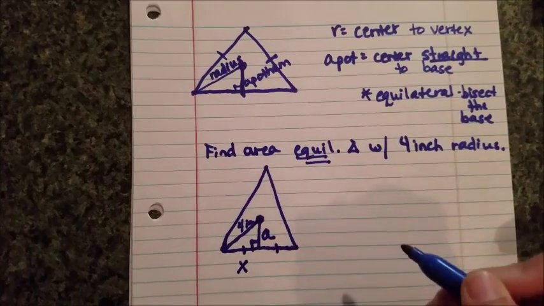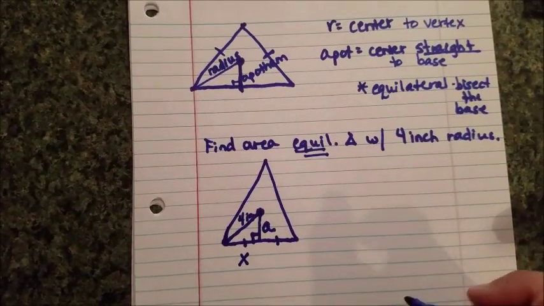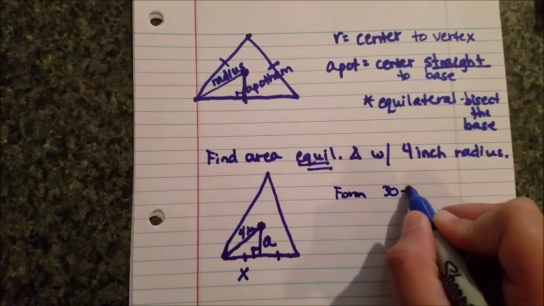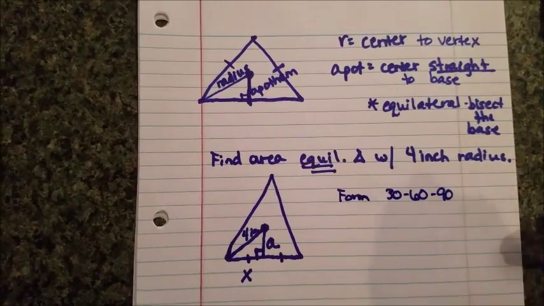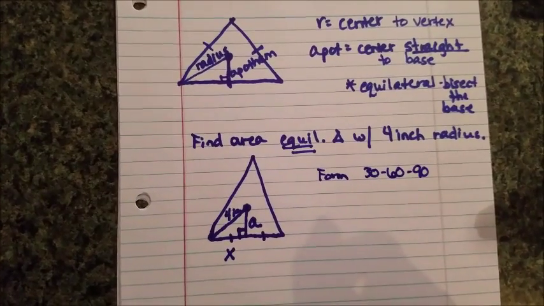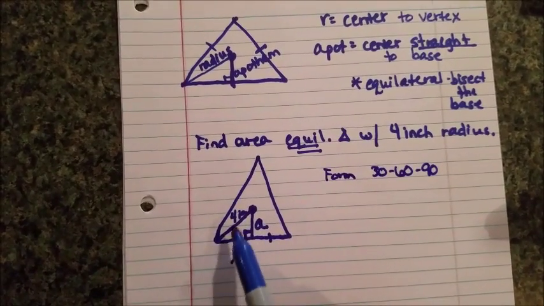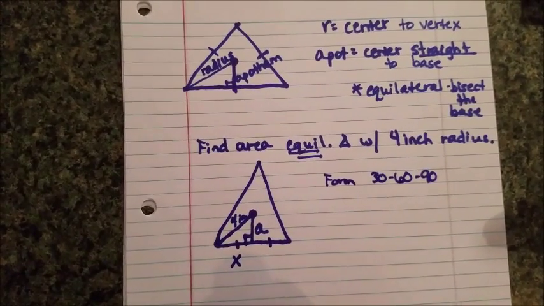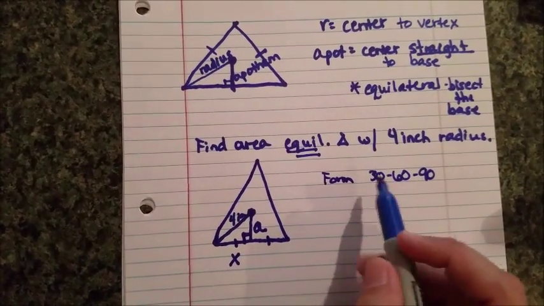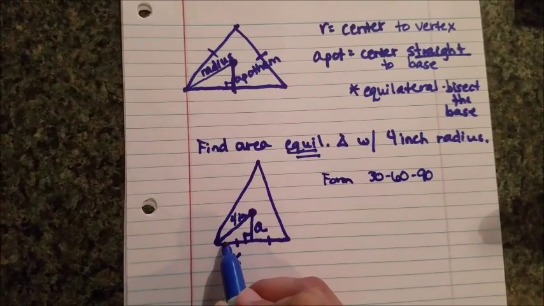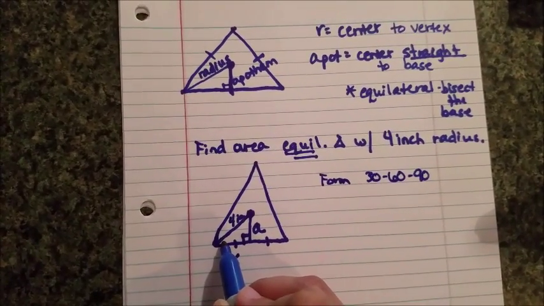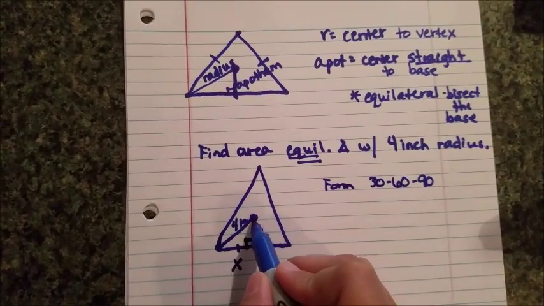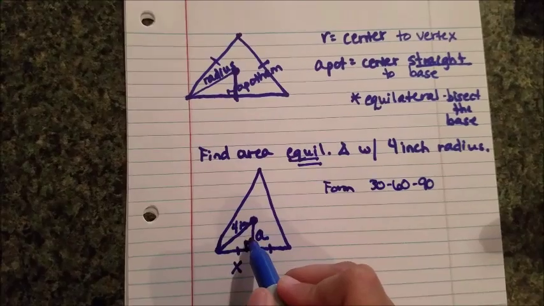Apothems and radii, when drawn in equilateral triangles, form 30, 60, 90 triangles. So this little guy in here is a 30, 60, 90 triangle, with the 30 being the small angle right over here by the vertex, and the 60 being right up here between the radius and apothem.